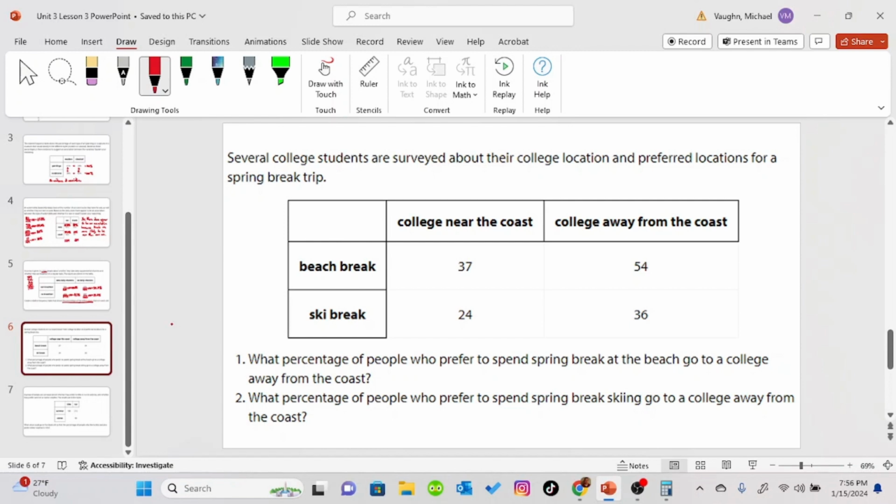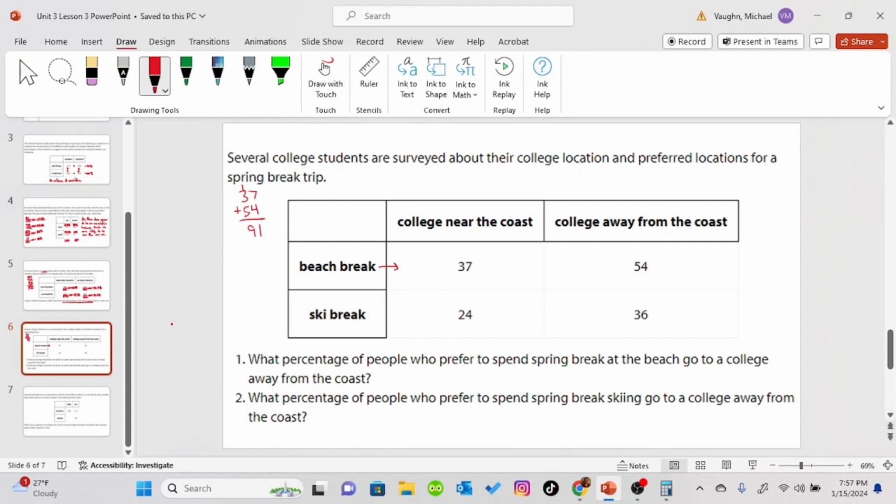So in number one, we are looking at a row relative frequency. So we need to add 37 plus 54. 7 plus 4 is 11. Carry the 1. 1 plus 3 is 4. 4 plus 5 is 9.